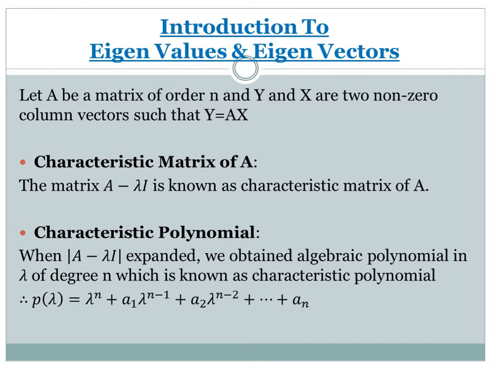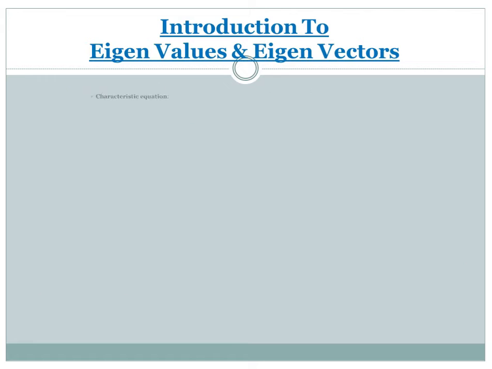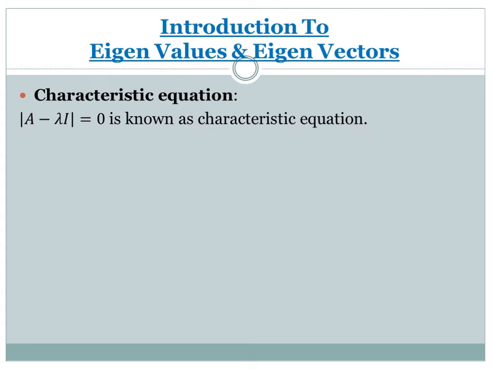Therefore the polynomial phi of lambda is equal to lambda raised to n plus a1 lambda raised to n minus 1, and so on up to an. The next is the characteristic equation. If we equate the determinant of A minus lambda I to 0, you will get the characteristic equation.